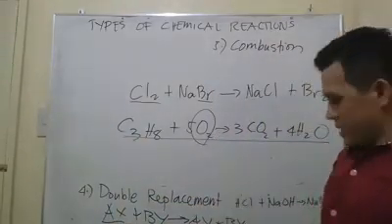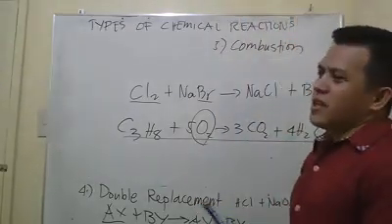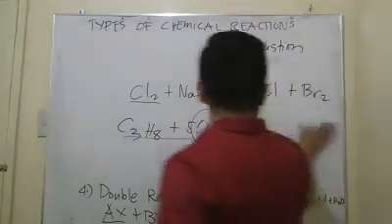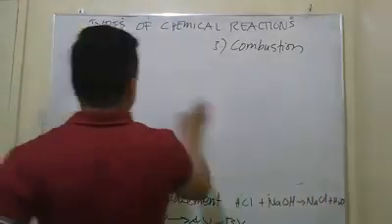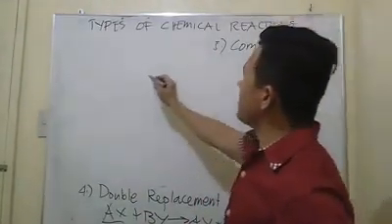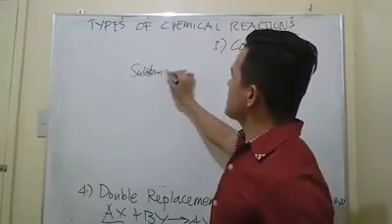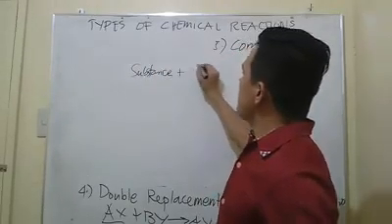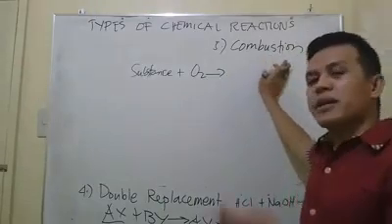Just remember that. Next one, we have combustion. What is combustion? Usually in combustion, the general type of chemical equation is a substance plus oxygen, always with oxygen, because another term for combustion is burning.